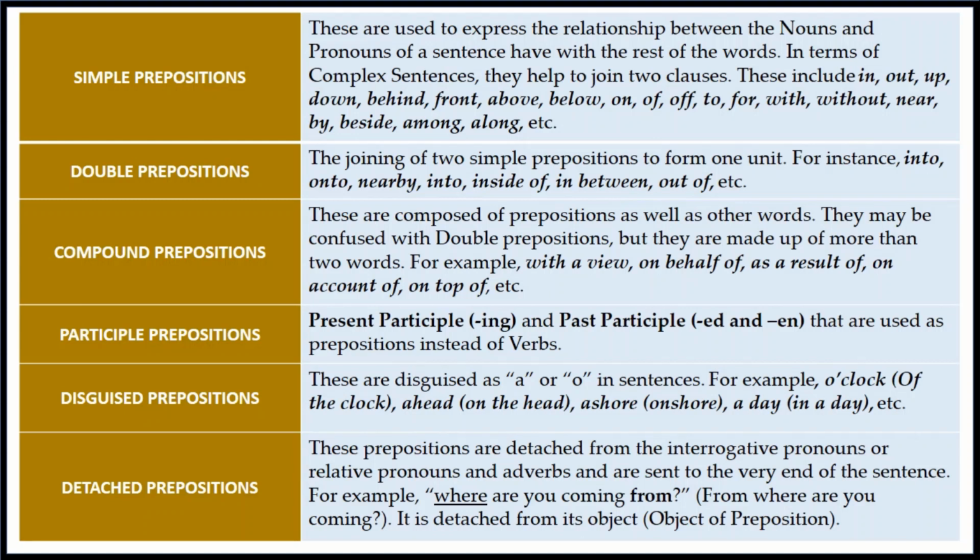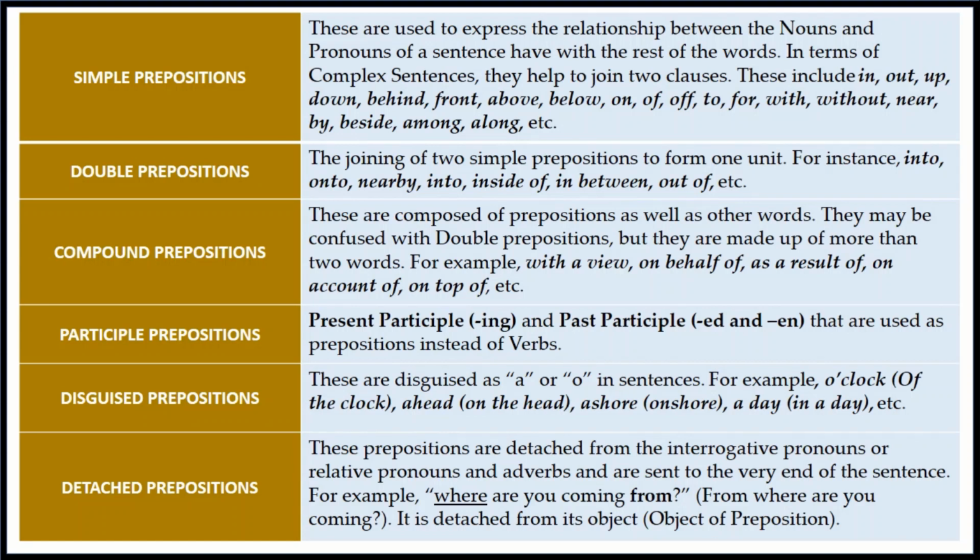Then we have compound prepositions. These are composed of more than two words. They may be confused with double prepositions, but the common thing is that they are made up of more than two words. Double prepositions have only two simple prepositions, but compound prepositions have more than two words.